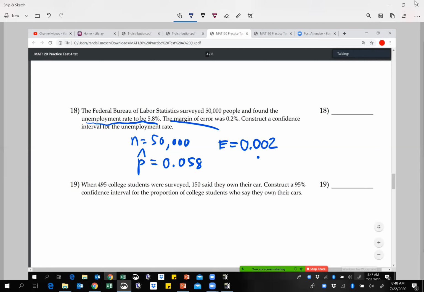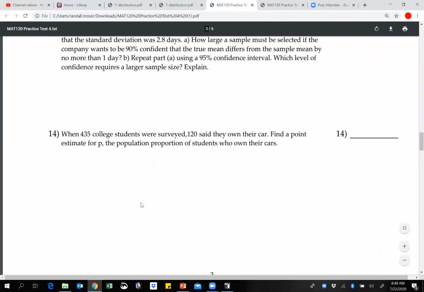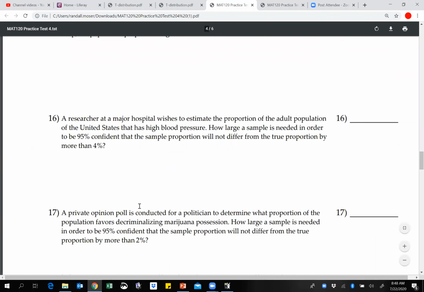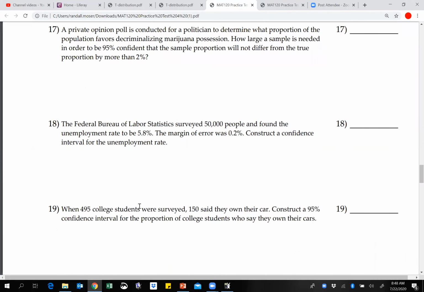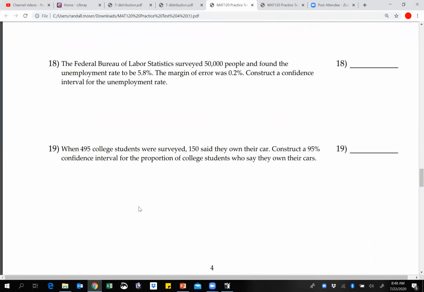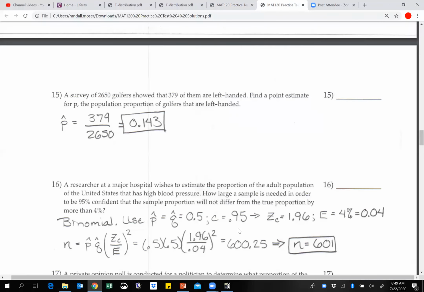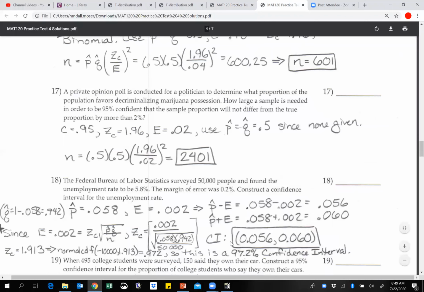And earlier in this problem set, they say that the confidence level... Seems like they're missing the confidence level, but I believe it should be 95%.